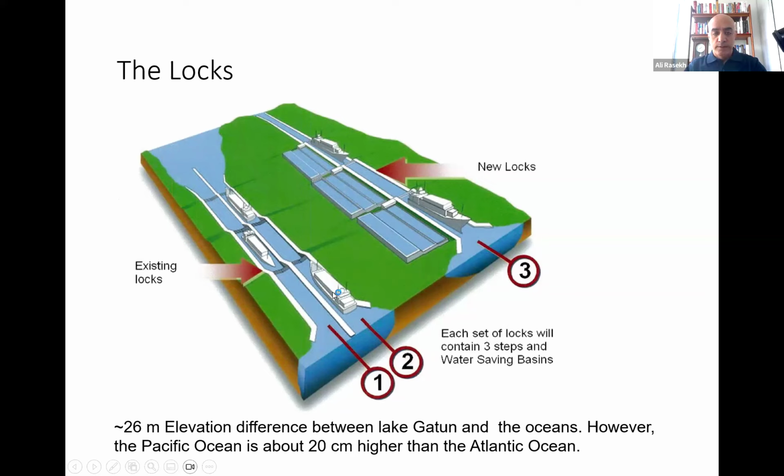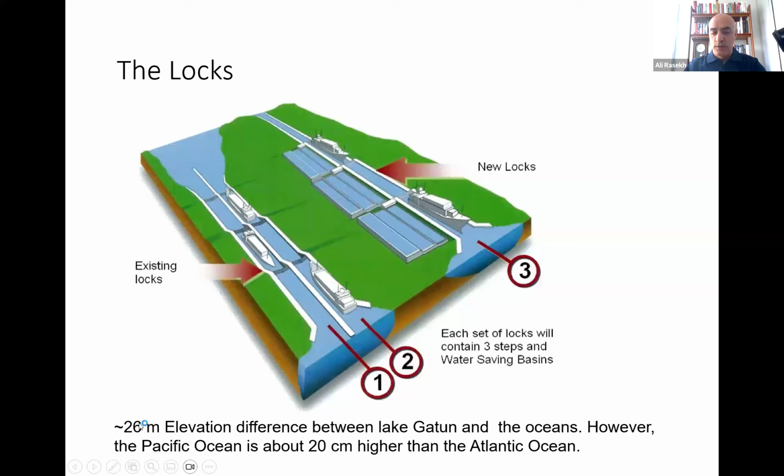The old lock system was two-way, and the new lock system is single-way. At one time one ship goes down, then maybe they stop, and then another ship goes up. So it can function in both directions, but one at a time. But it's bigger, and it uses this water system to save water.